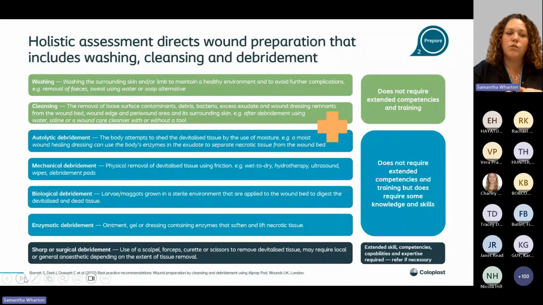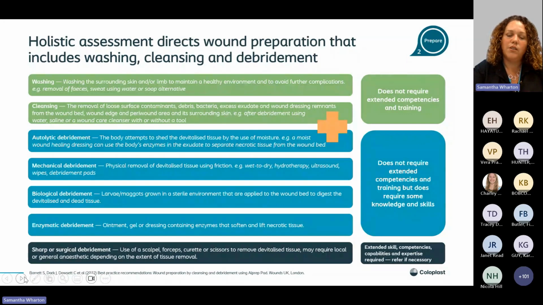Then we move on to mechanical debridement. Many years ago, that would be putting wet gauze on a wound and then ripping it off once it was dry. Obviously we have advanced wound dressings now, so we wouldn't do that nowadays. But it's about doing that physical removal of devitalized tissue using friction, and we have our pads that we can do that with.